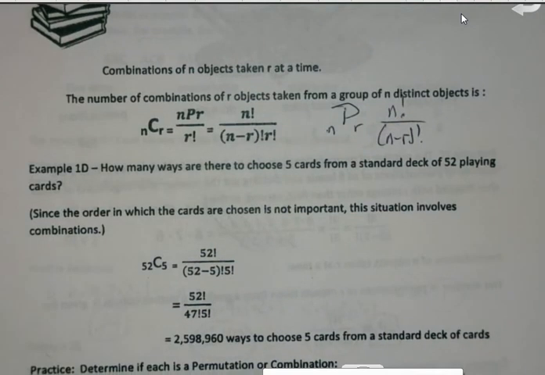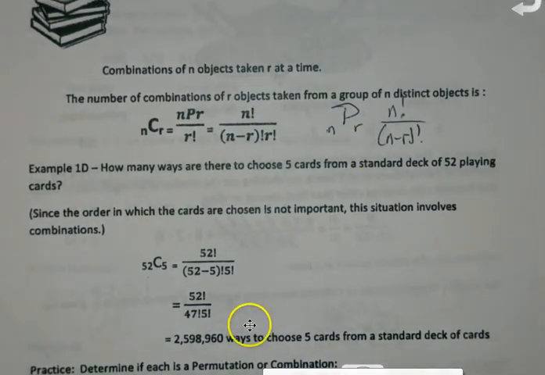So, how many ways are there to choose 5 cards from a standard deck of 52? Since the order in which the cards are chosen is not important, the situation involves combinations. Now, you don't want to have to write all of this out.